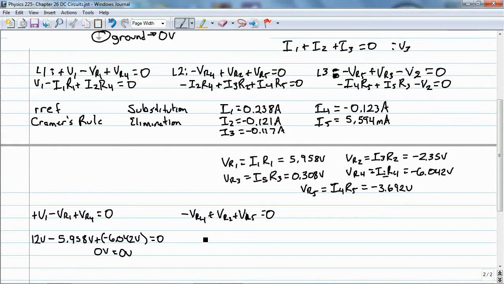Minus VR4 is going to be a minus 6.042 volts plus VR2.